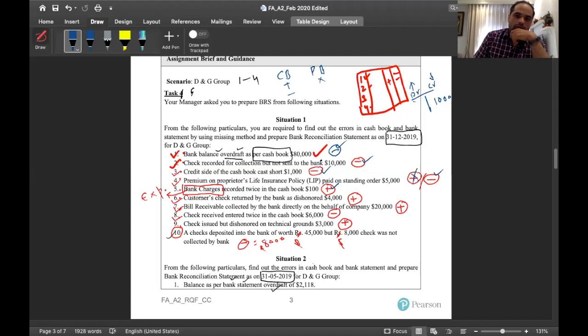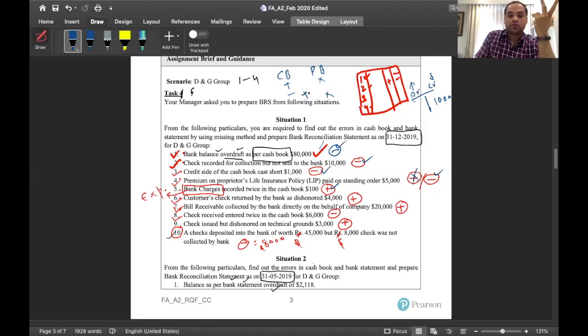Okay. Now, what does it mean? It means we receive a check. I receive a check, right? And I send the check to the bank, and I believe that money will come into my bank account, but it's dishonored.